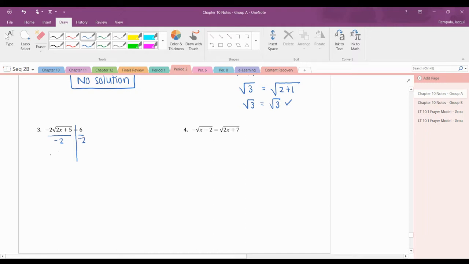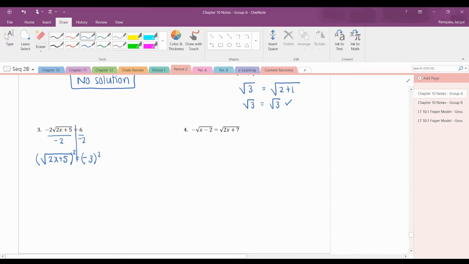When I divide both sides by negative 2, it leaves you with the square root of 2x plus 5 equals 6 divided by negative 2, which is negative 3. The 2 and the 5 are under the square root, so I can't move them. With that square root isolated by itself, I'm going to square it to get rid of the square root.